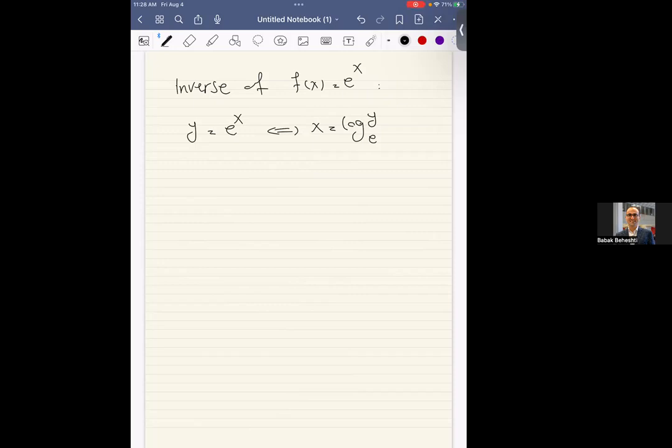But remember, log with base e is called the natural logarithm.